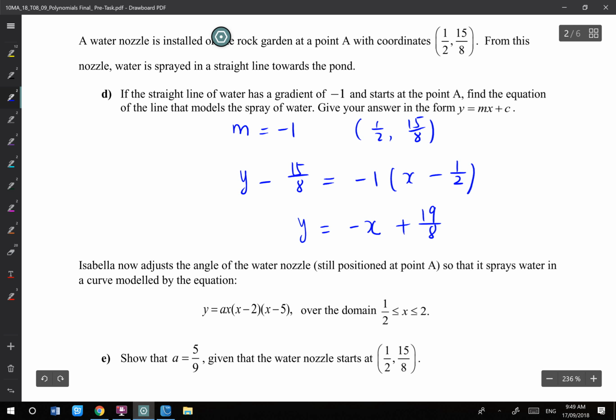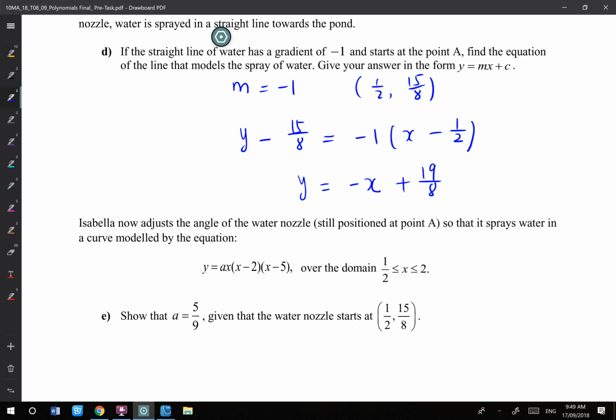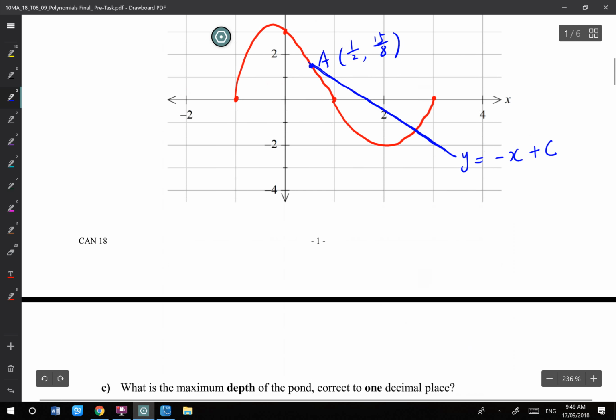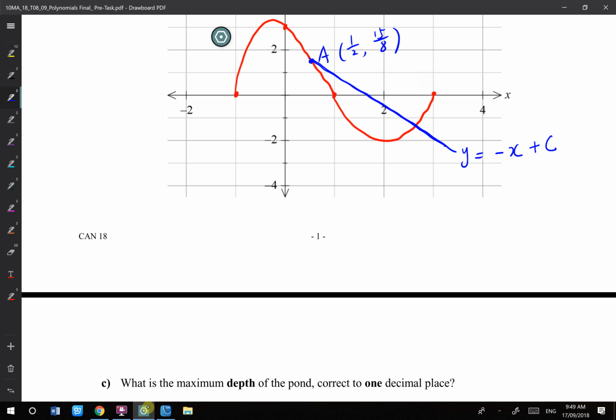If you simplify it and work out the c value, you will have c equals 19/8. So this is the solution. This is more about understanding what you're doing. This is how the water will go: it follows that line and starts from point A.